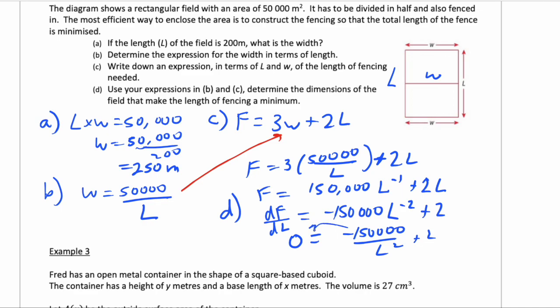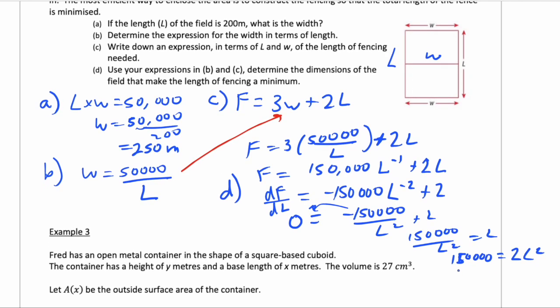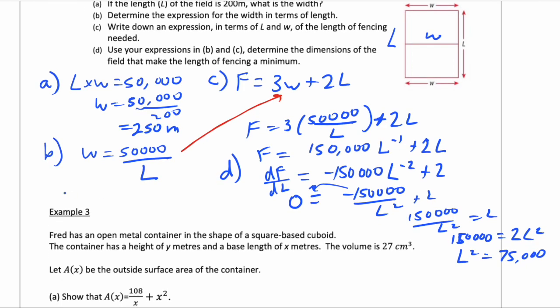So I can bring this to the other side. 150,000 over L squared equals 2. 150,000 equals 2L squared. So L squared equals, if I do 150,000 divided by 2, we get 75,000. Then let's square root that to get the length.